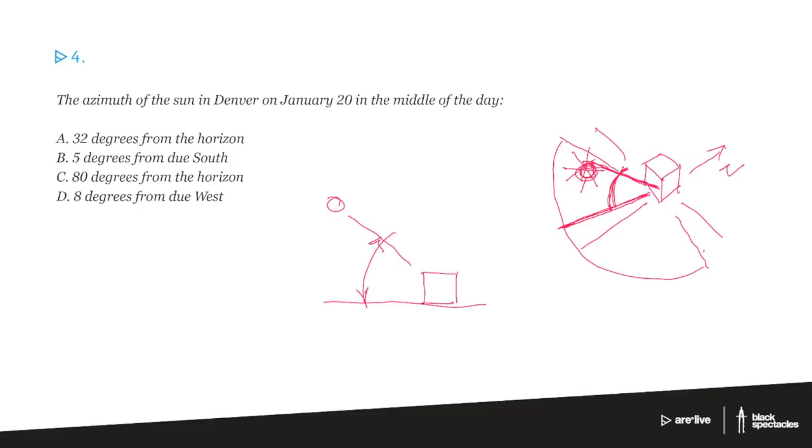And I also need to know where it is compared to the cardinal points. In this case, I'd be looking at it off of due south, because it's the middle of the day, that's where it's likely to be. So the solar angle, and the azimuth.